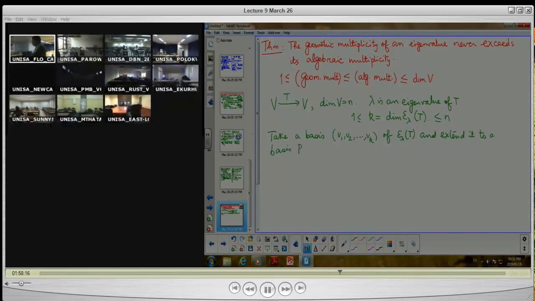Okay? So now let's look into the matrix. So the matrix of T, what will it be looking like? Well, it is coordinates.